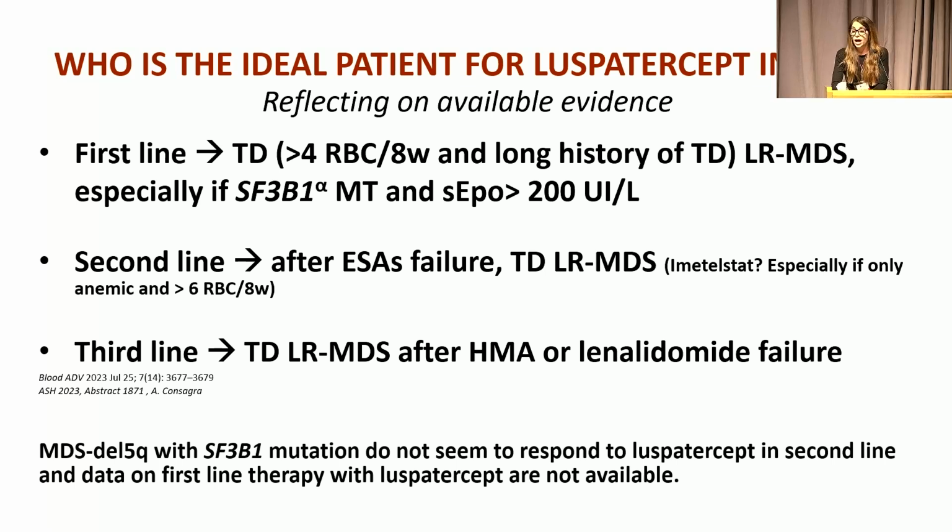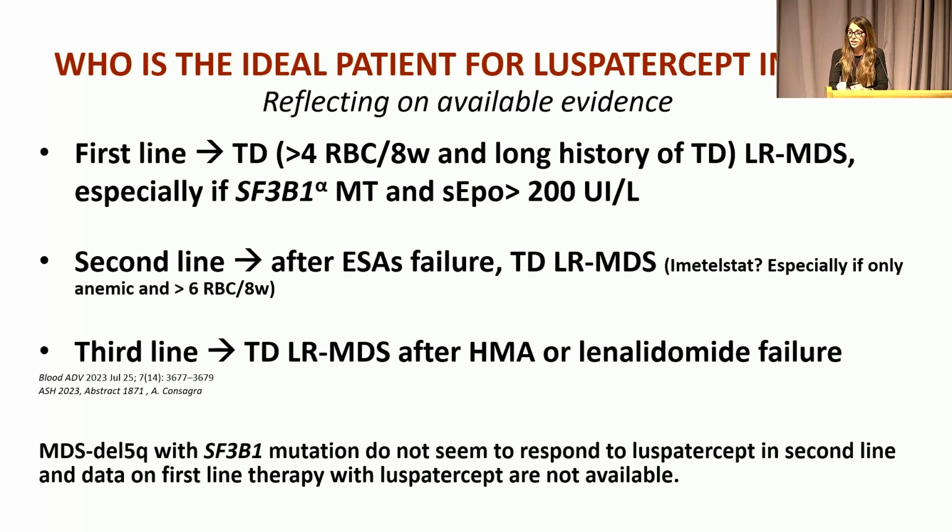In second line, I choose luspatercept after ESA failure in transfusion-dependent low-risk MDS. But now, if a patient is very anemic with a higher transfusion burden, if it's possible, I would choose imetelstat, that is in its pre-approval phase.